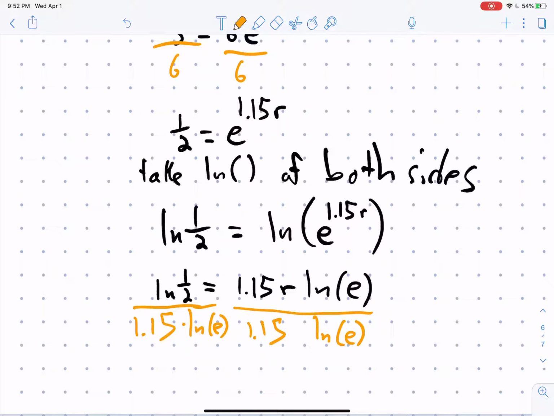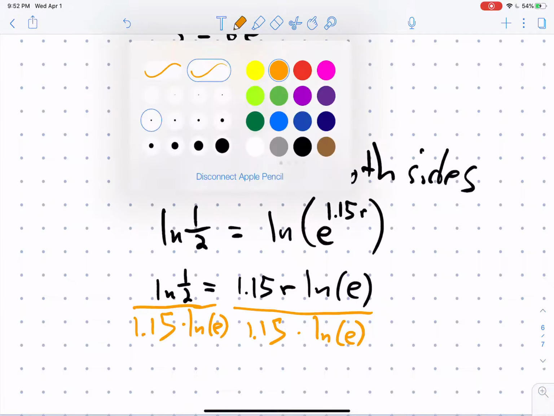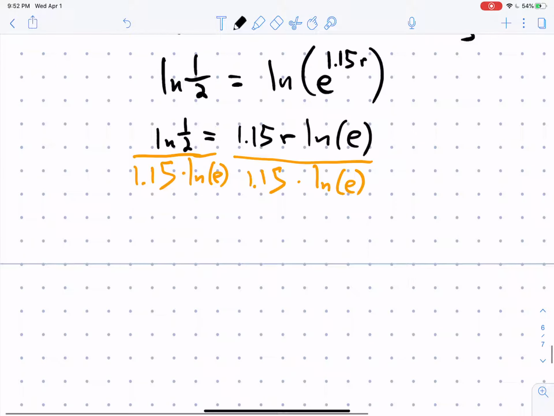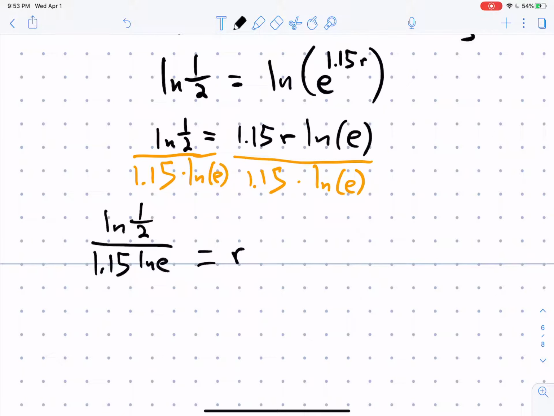The 1.15 and the ln of e are connected by multiplication on the bottom because I'm dividing by both of them. Okay. On the right-hand side, everything cancels except for the r. On the left-hand side, we have this slightly messy-looking expression, natural log of 1/2 over 1.15 natural log of e.